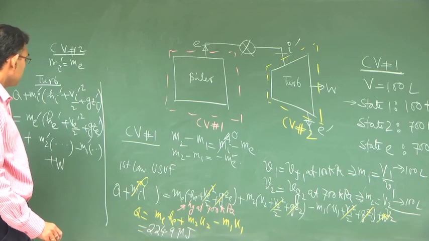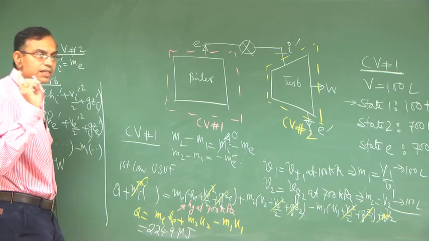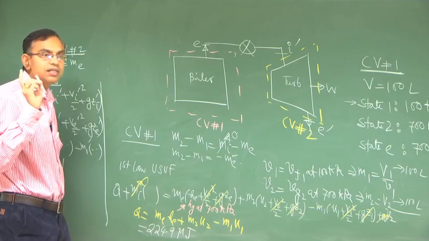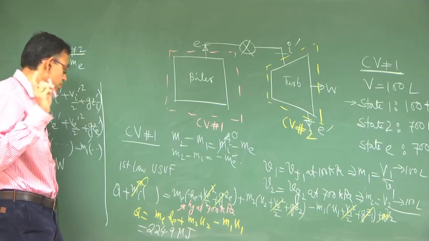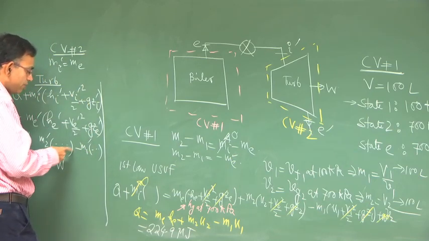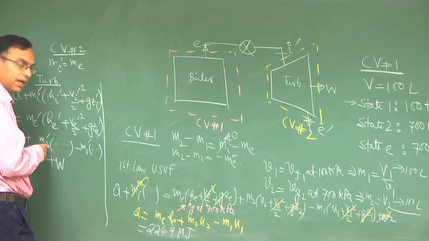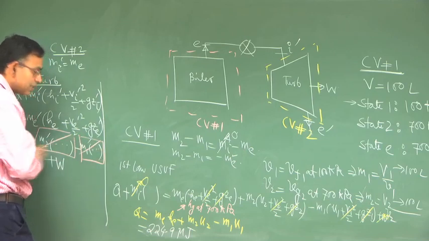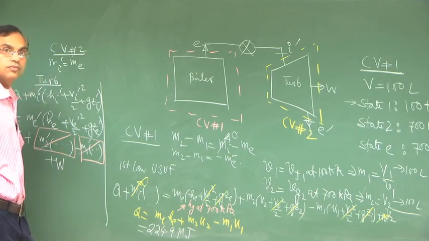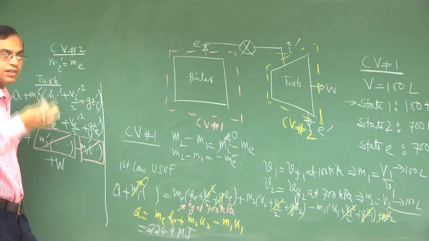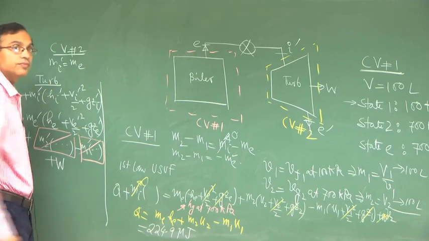Now, one physical understanding that you must have is that the turbine is a steady state device. Because the turbine is a steady state device, the state of the fluid in the turbine does not change with time. So, these states and these two energies are the same. This is a physical understanding about the operation of the turbine you must have to solve this problem.